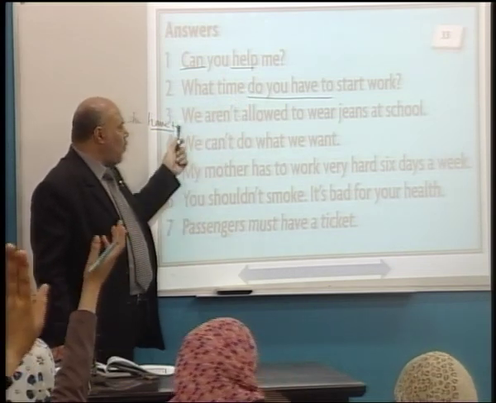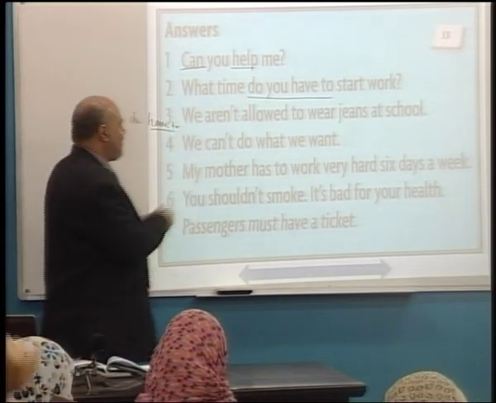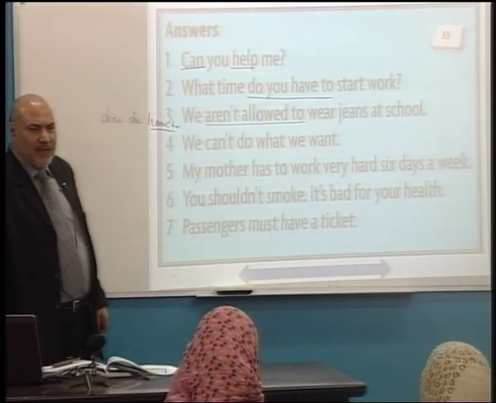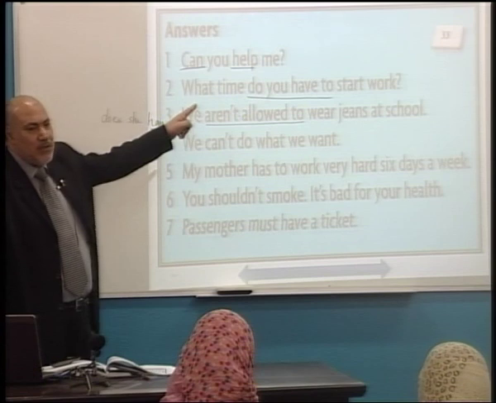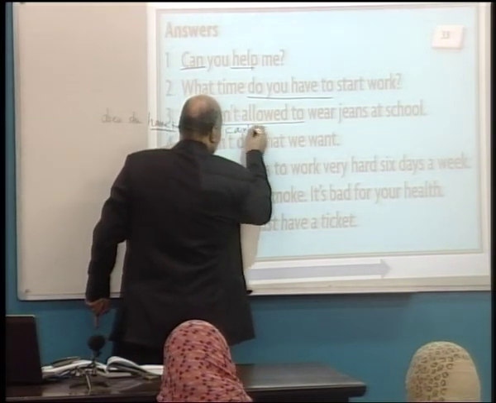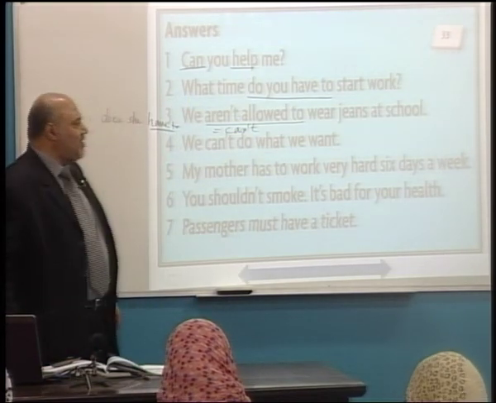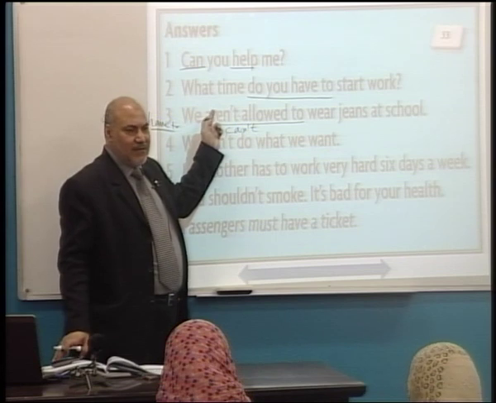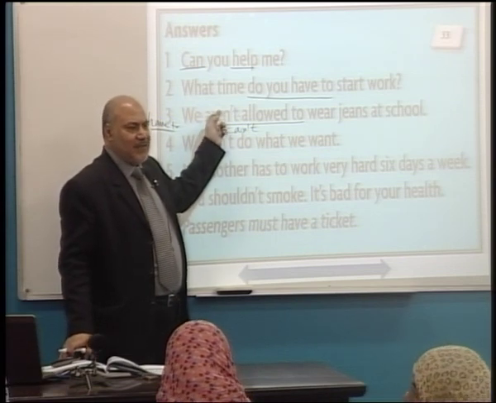Number three, we aren't allowed to wear. It means what? It means we can't. We can't, but without to. We can't wear jeans at school. So the negative is aren't, not, or no, aren't.